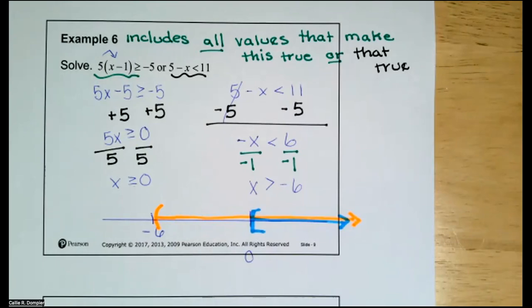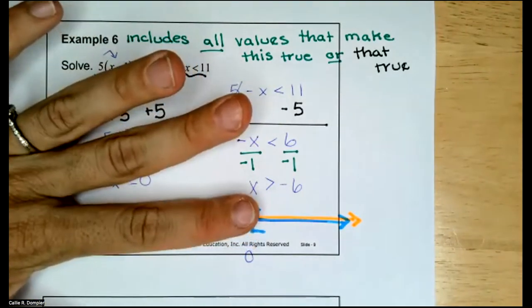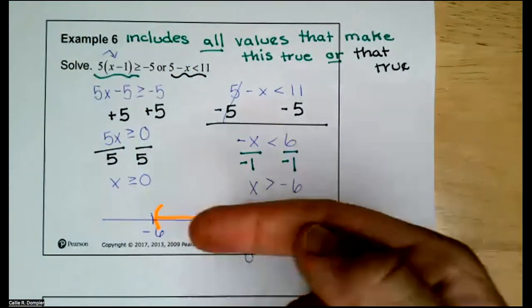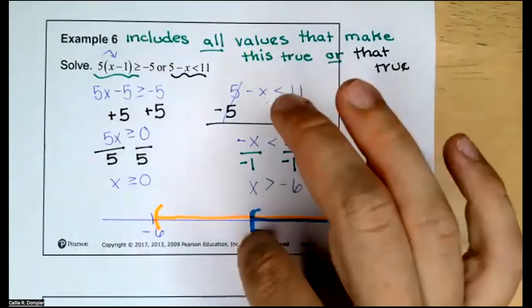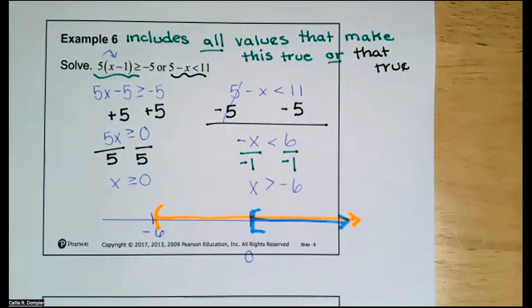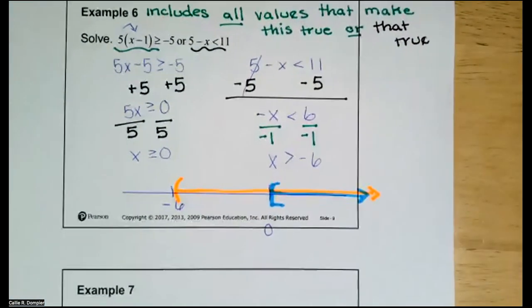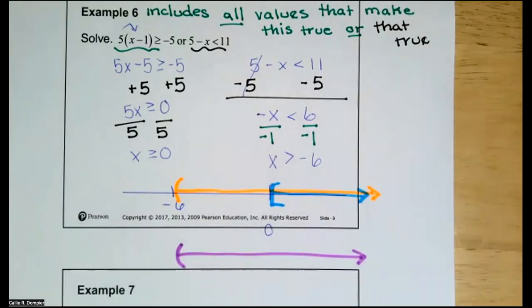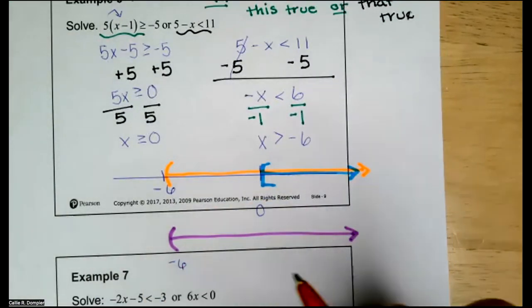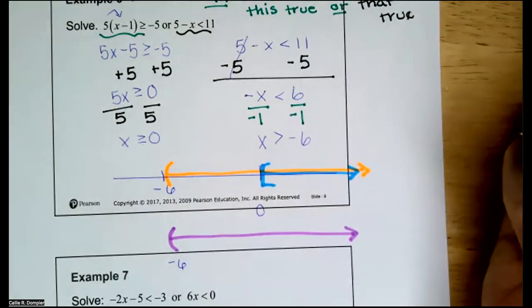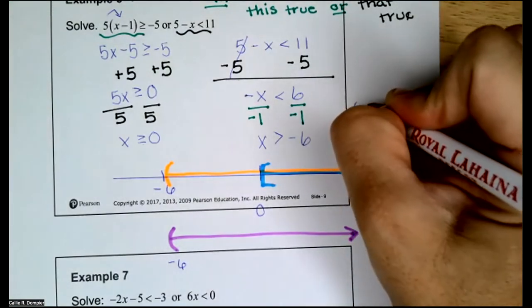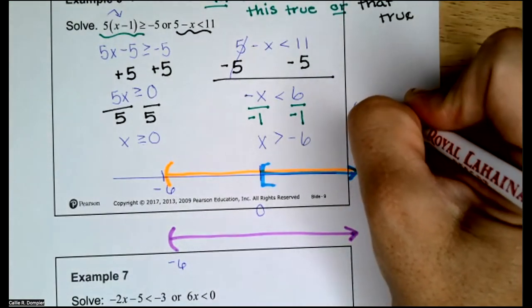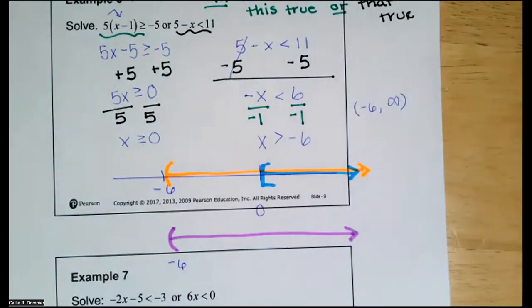So if this were and, we would only include what overlapped, but because it's or, it includes everything, all of this one and all of this one. So our true answer is, and the way it would be written in interval notation would be from -6 to infinity. But again, that's not on the exam. Oh, sorry, it's 51. I apologize.